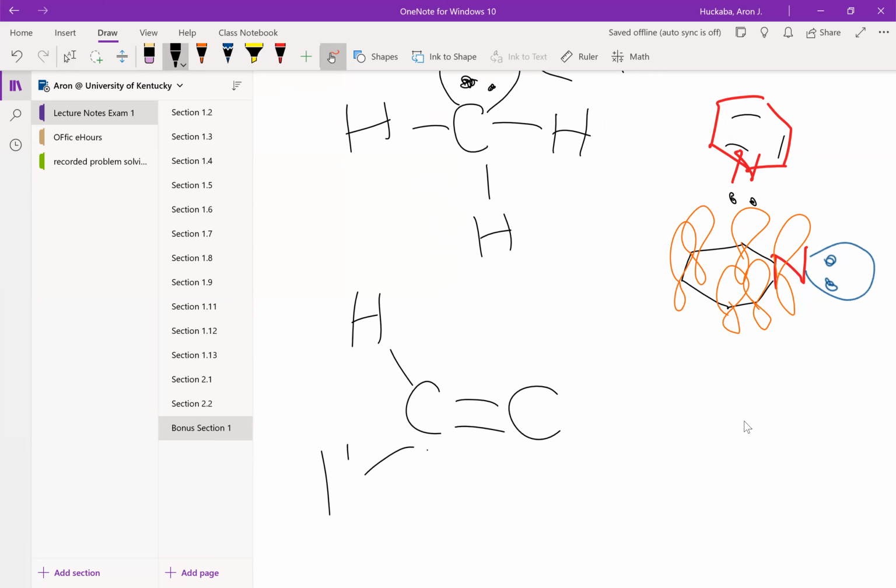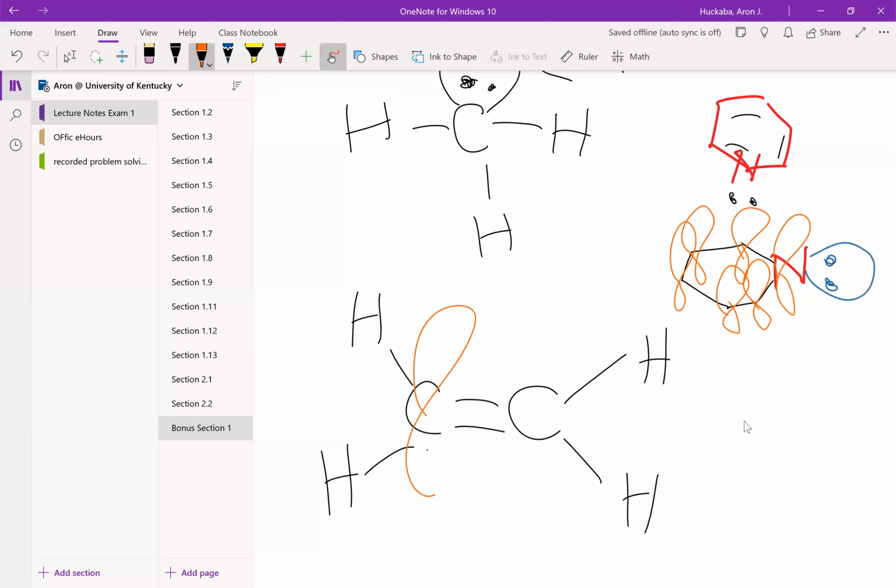We'll have two hydrogens here coming off. Okay. Remember that two of these bonding hydrogens are in sp2 orbitals, and two of the electrons are in the p orbitals.